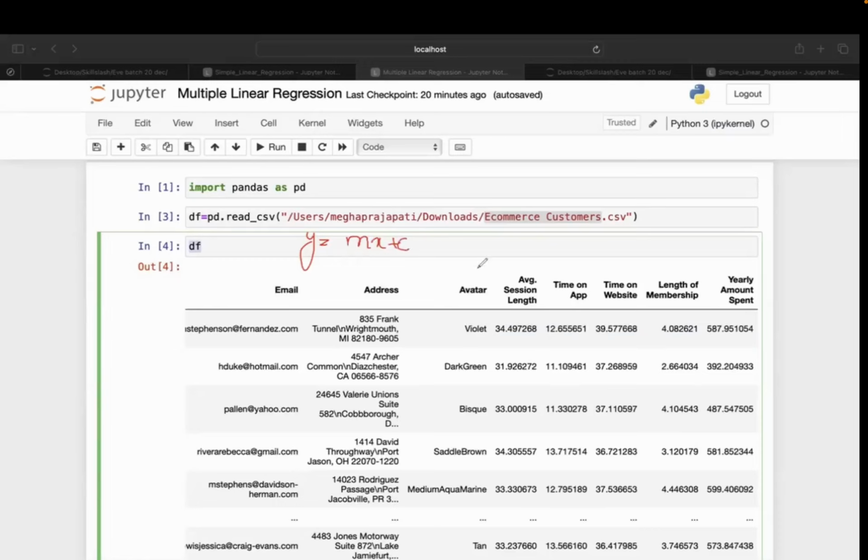Since I can see multiple features are taking participation, can I write the equation of the line like this: m1 x1, where m1 is the coefficient of the x1 feature, plus m2 x2, where m2 is the coefficient of this feature, m3 x3, m4 x4 plus c.